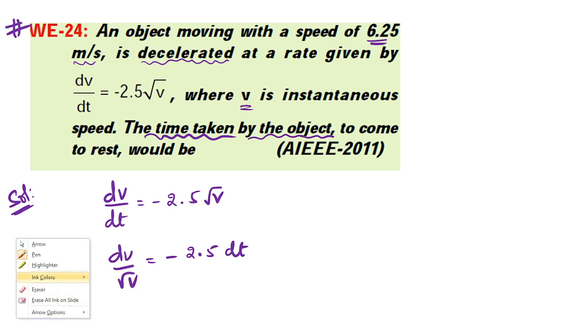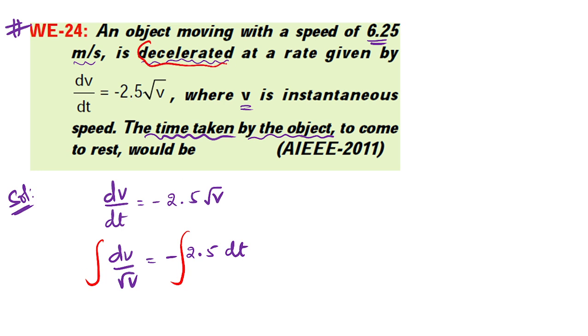But whenever you are integrating, the limits should be clearly applied. So there is a starting limit and a limit of the v. Here you see, decelerated or not. So the object is initially moving with what speed? 6.25.